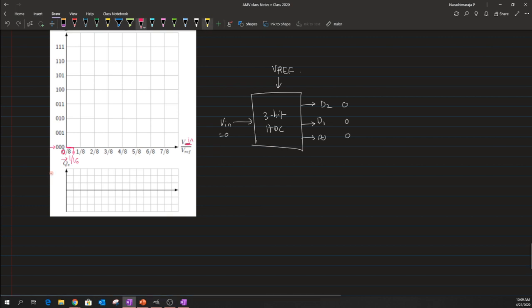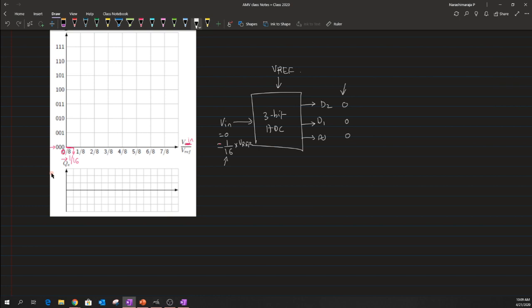Which means that even if the input I am trying to feed was equal to 1 by 16 of some V reference, it is still mapped onto the same data. So even though the input is not exactly equal to 0, the data still ends up as 000, right? So this results in what is known as a quantization error.